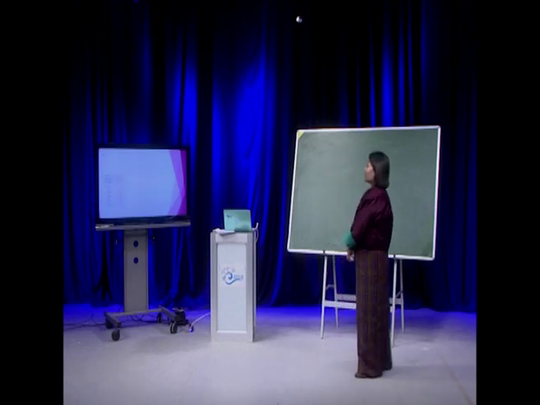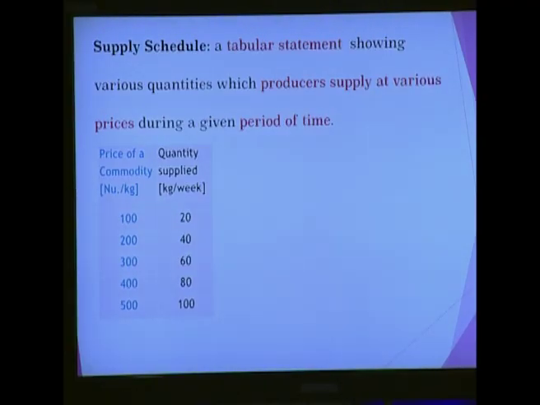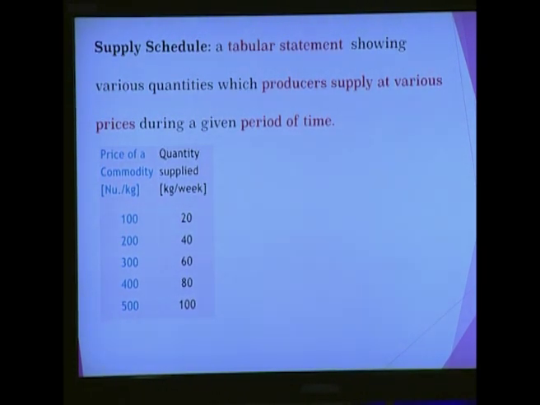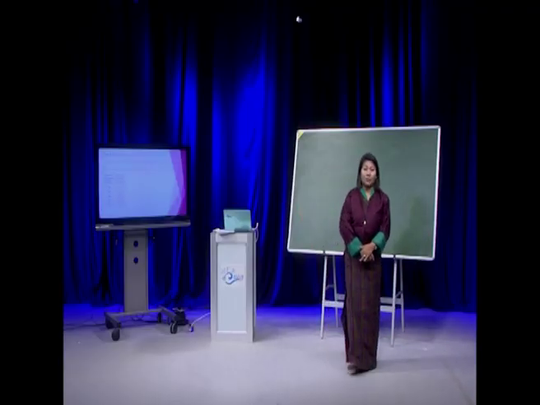All right. Now we're going to be looking at the supply schedule. What is a supply schedule? It is a tabular representation of the law of supply. If you look at the table below the statement given there, you will see that the left-hand column, which is written in blue, reflects the price of the commodity.